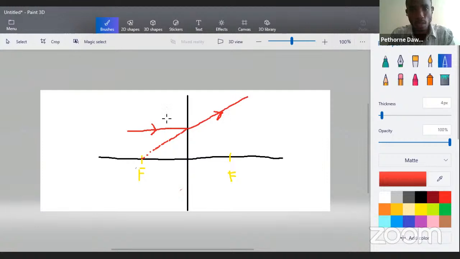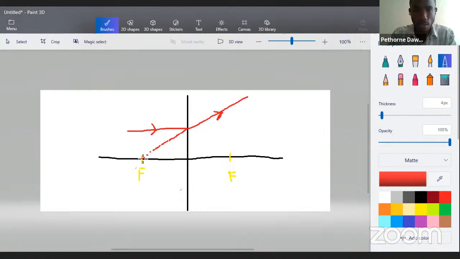So the ray would follow a path when it spreads out, such that if you trace it backwards, it will be hitting the point called F. So if it is parallel to the principal axis, the horizontal line, when it hits the diverging lens, which is the concave lens, it will be bent upwards, and then that line of travel, when you trace it back, must coincide with the F that is here.